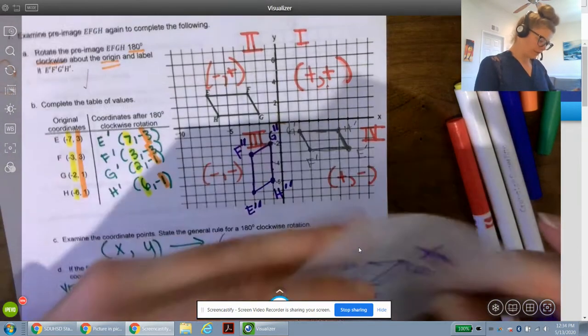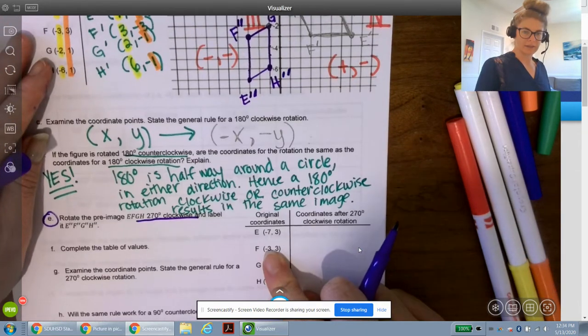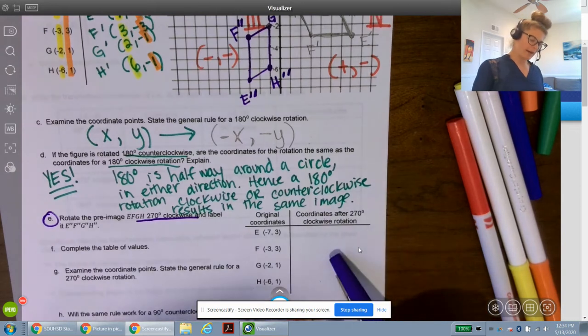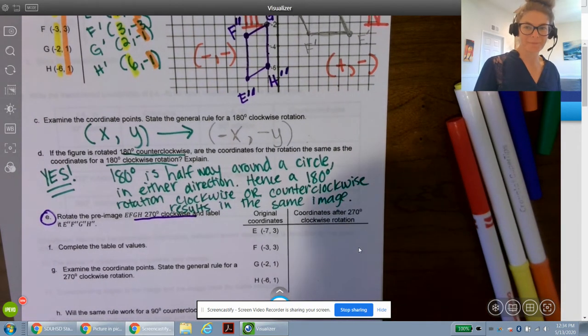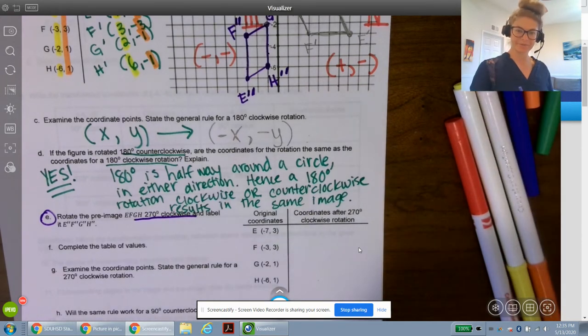Oh, beautiful. Okay, so we have our original coordinates still, and we need to list out our coordinates after the rotation. So why don't you go ahead and fill in this table and see if you can come up with the rule this time. Go ahead, pause the video, and then check back in when you're ready.